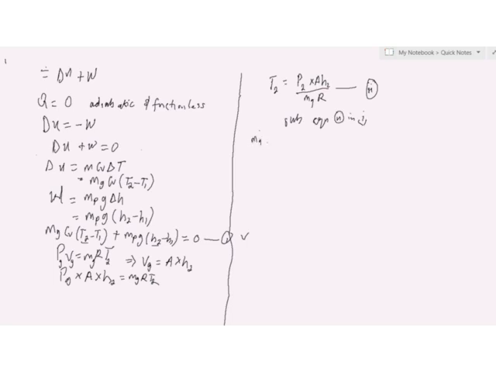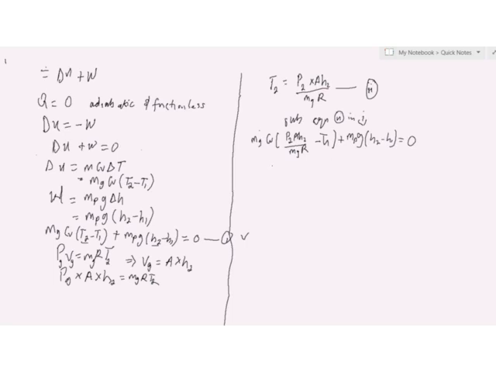We have mg cv open bracket, instead of T2 we substitute P2 A h2 all over mg R, then we subtract T1. We close the bracket, plus mass of piston g into bracket h2 minus h1, all this equal to 0.